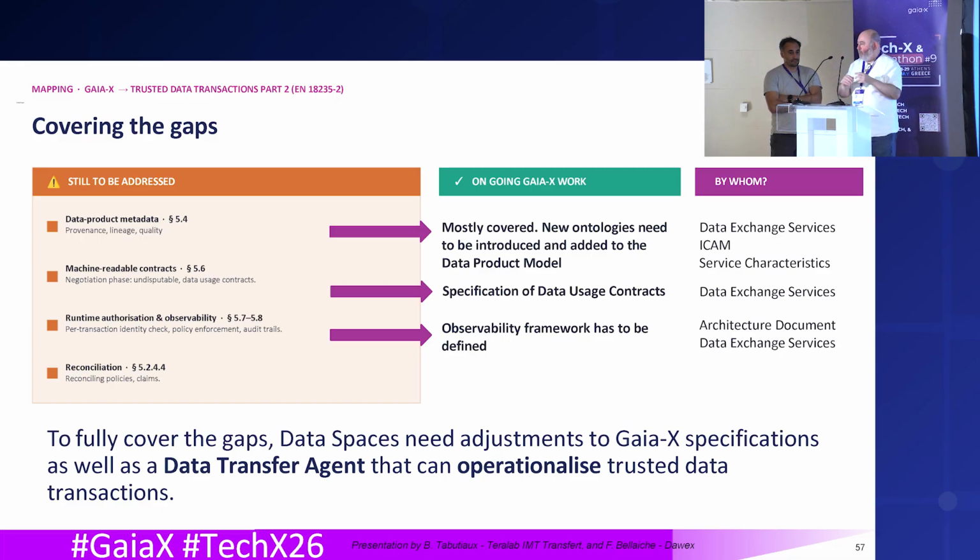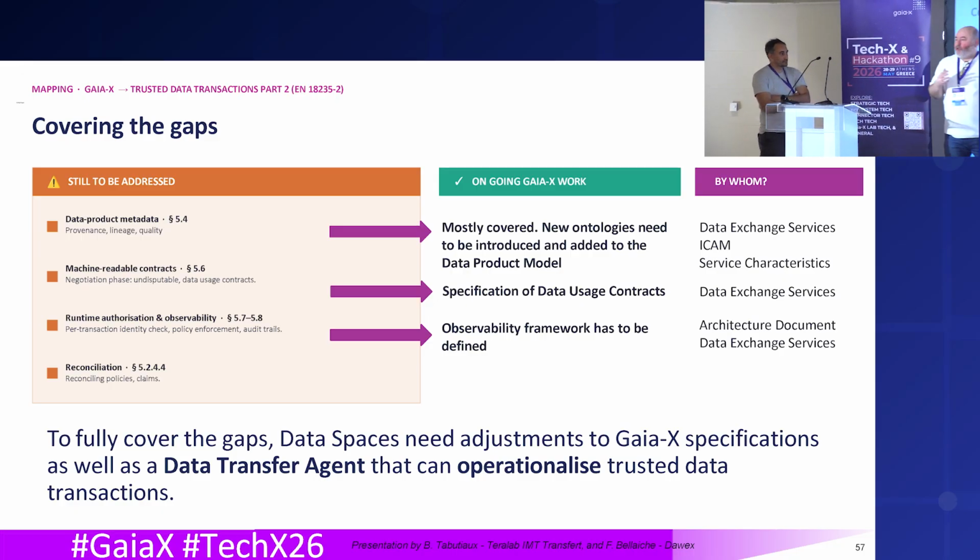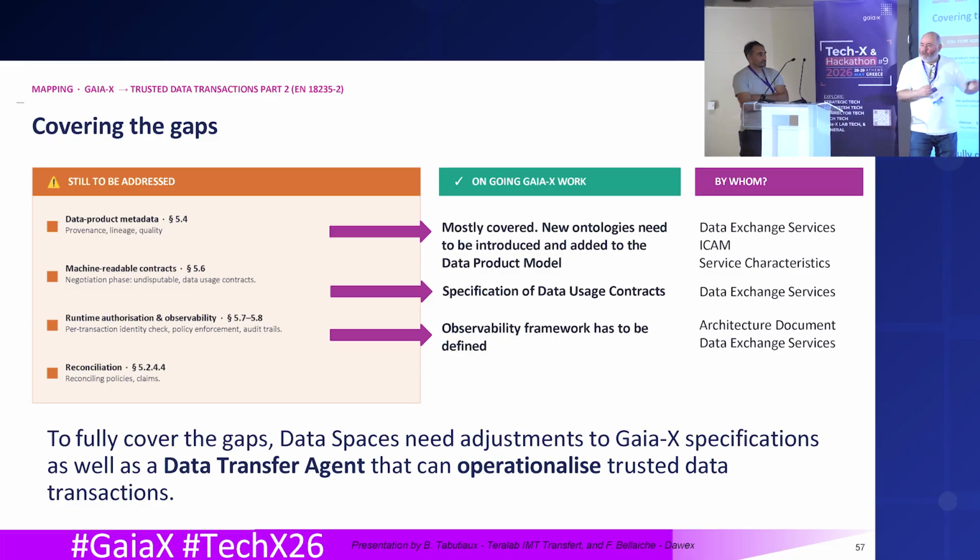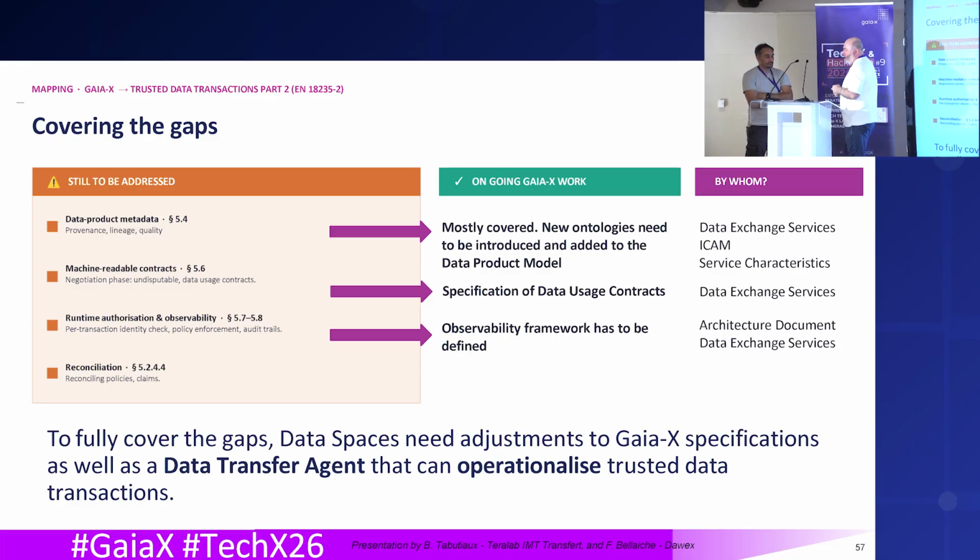Not only at the data exchange level, but at the services level. So it's basically not bad. It's pretty good, actually. Most of it is on its way, and the rest has to be worked out inside the working group.